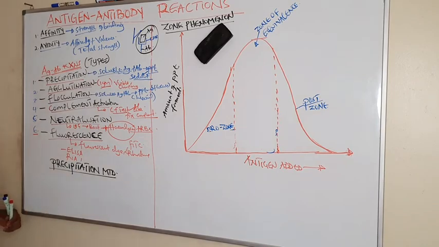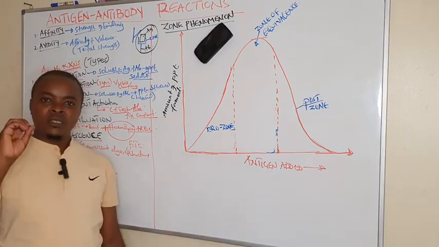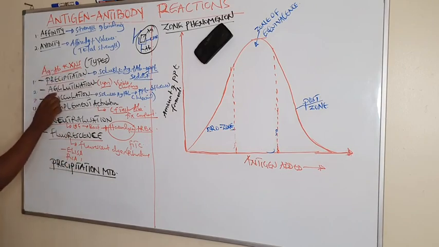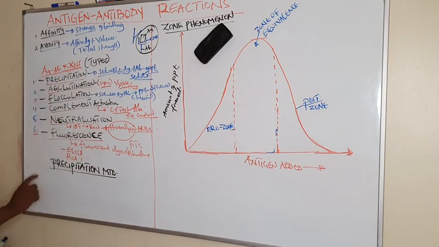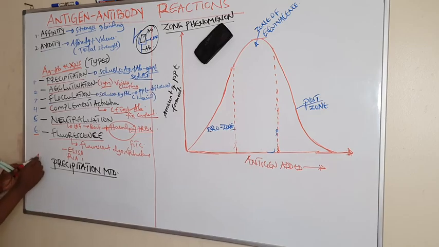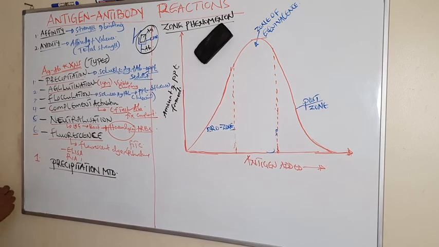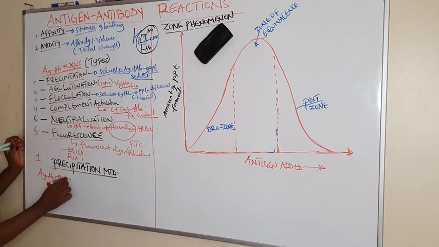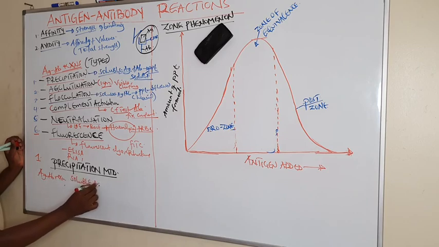In this session, we want to zero in on precipitation reactions. In other videos, we shall look at the others one by one. Precipitation, which we are beginning as number one, is an antigen-antibody reaction characterized by soluble antigens.